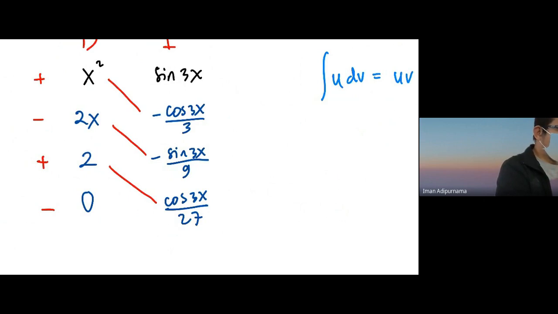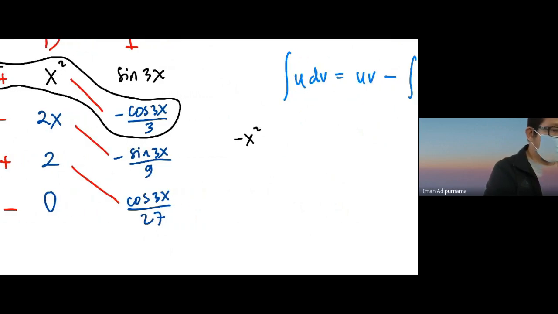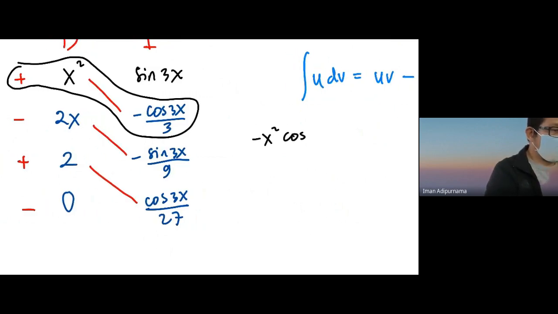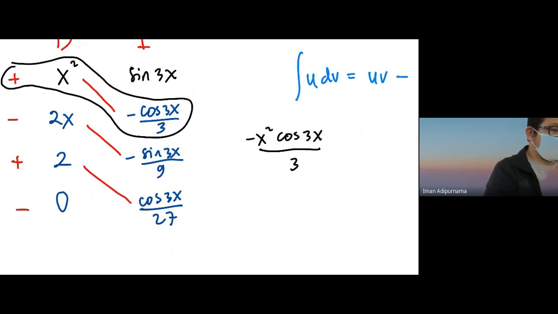So plus, and this part here, we cross multiply. So this will be negative x squared cos 3x divided by 3.